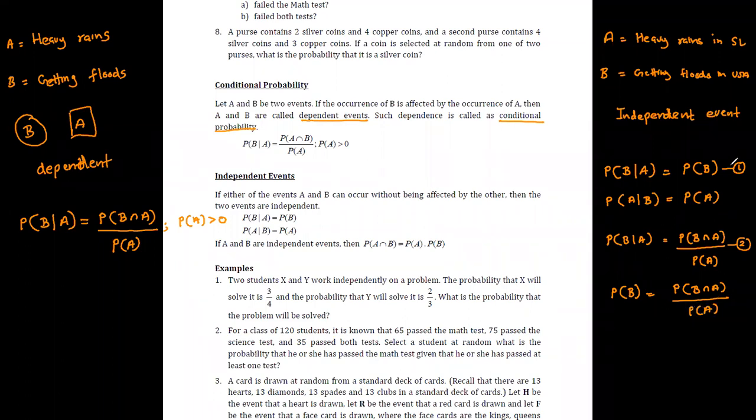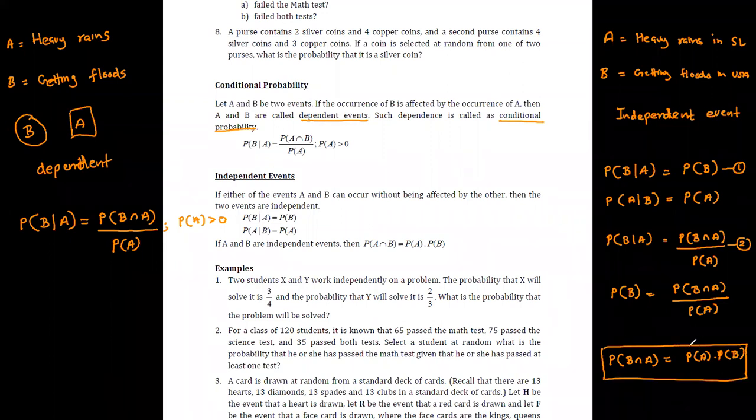Therefore, if two events are independent, then we can obtain a quantity for the intersection of these two events. If you do the cross multiplication, you can obtain the probability of B intersect A is equal to probability of A times probability of B. Therefore, this is one important equation which we have to use in the calculations.